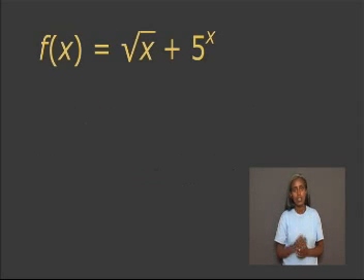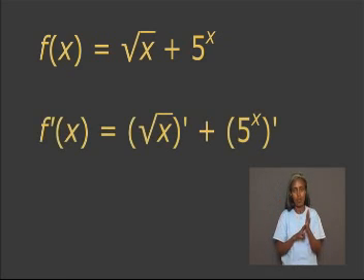As an application of the sum rule, let us find the derivative of this function. f of x equals the square root of x plus 5 to the power of x. We know from the sum rule that f'(x) equals the sum of the derivatives of the square root of x and 5 to the power of x.